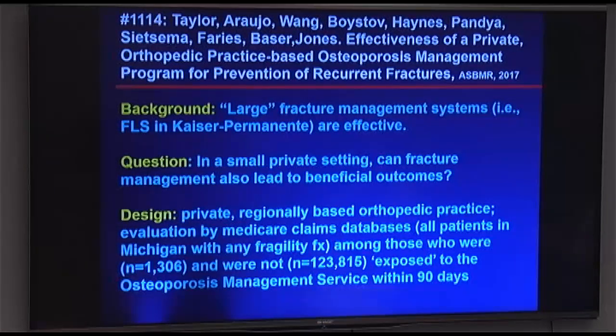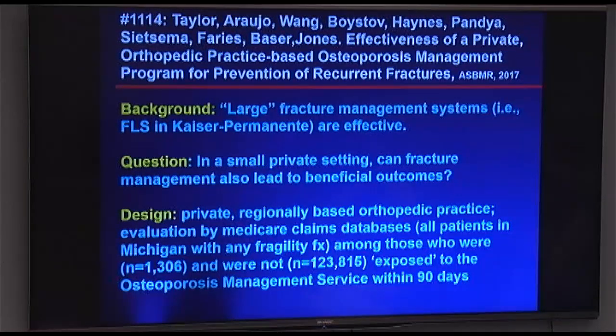And here's another paper that asked a question about, well, FLS works at Kaiser, and FLS works at Geisinger. But does FLS work in our system, an open system that's very hard to control?